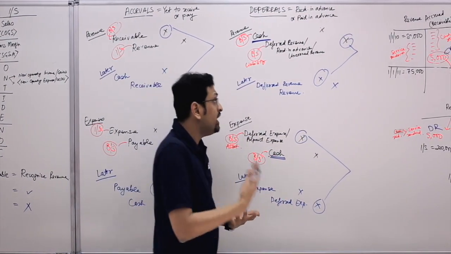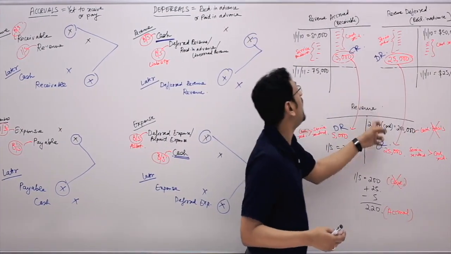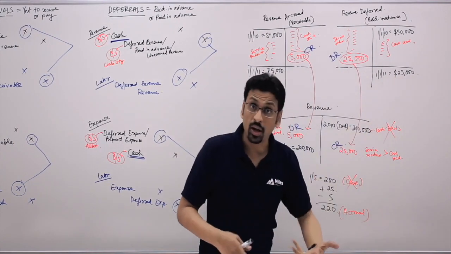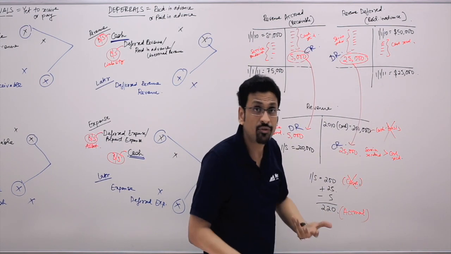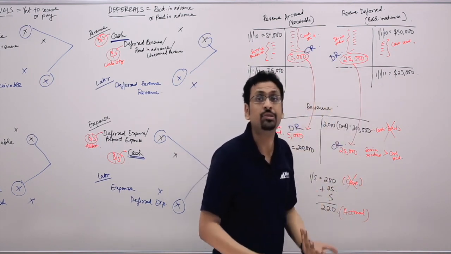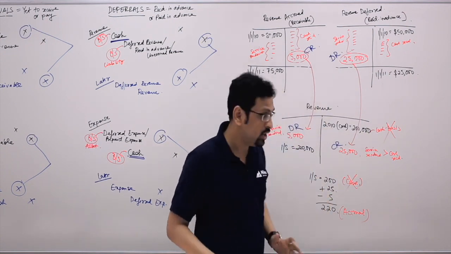Now, we have seen a problem here where we had the cash number for revenues and beginning and closing accrued and deferred revenue. How about a similar problem for expense, where we have the beginning and closing for expense accrued and the beginning and closing for expense deferred and the expense paid out in cash during the period.